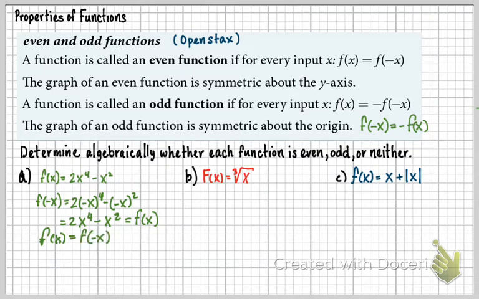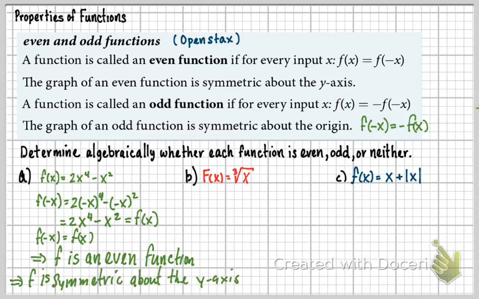Is that one of my two results? Looking at the first one, that is f of x equals f of negative x. So that tells me this is an even function, and it also tells me that it's symmetric about the y-axis. So I would write: implies f is an even function, which implies f is symmetric about the y-axis.